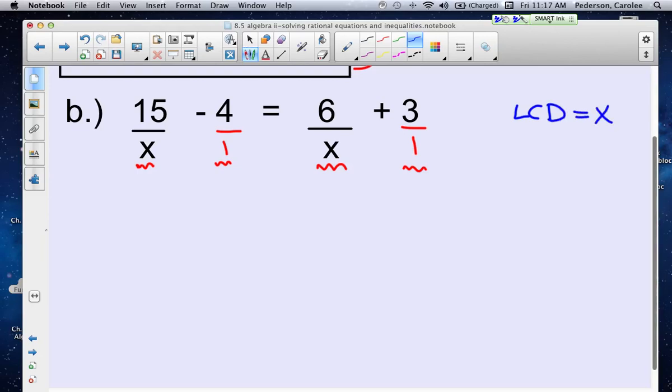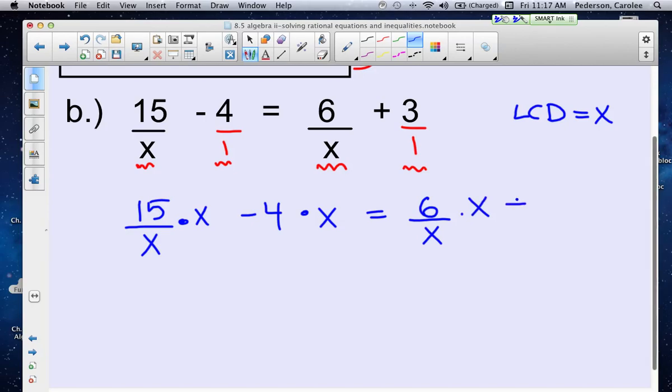So what we do is we multiply all 4 terms by the LCD. So 15 over x times x, minus 4 times x, 6 over x times x, and then plus 3 times x. Notice each term is multiplied by an x.